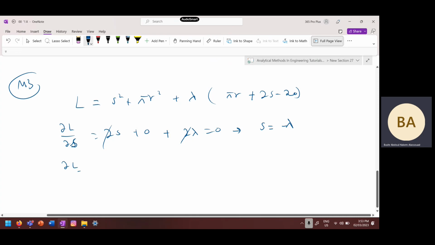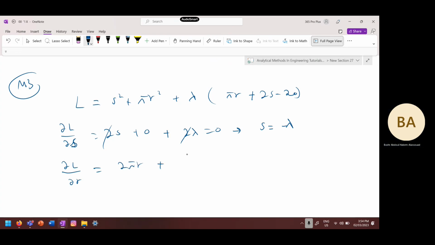Now let's do partial L over partial R. We'll have 2 pi R plus lambda pi equals 0. A pi and a pi can be cancelled. Eventually, lambda or R, let's say R, is equal to negative lambda over 2.